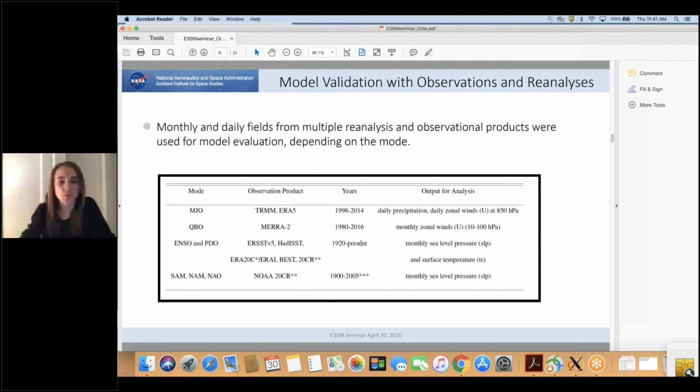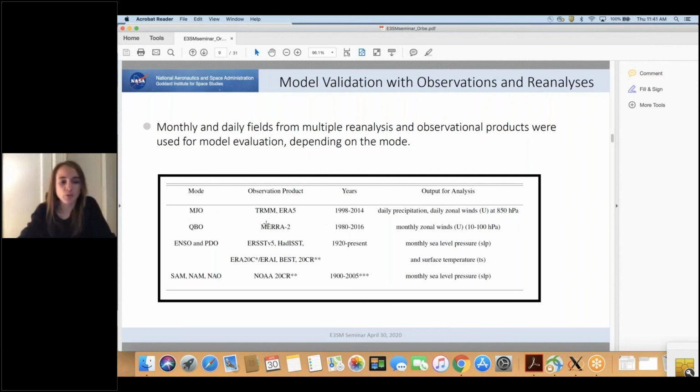And so with respect to validating the models, we used a range of observations and reanalyses. In particular, for evaluating the MJO, we used the precipitation products. So we used TRMM for getting precipitation and the ERA5 for doing the analysis of the meteorological fields.